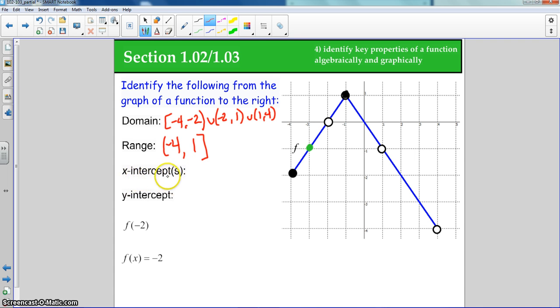The x-intercept here, it looks like there's two places, here and here. But remember I have a hole here, so I don't actually have that point. So the only x-intercept is going to be at the origin, (0, 0). Y-intercept, I'm looking where it hits the y-axis, this vertical axis, and that's also at the origin.